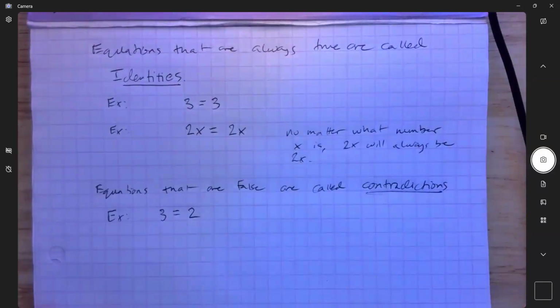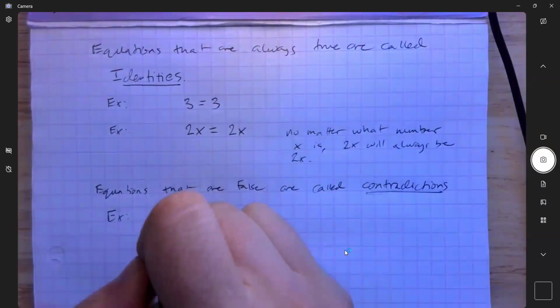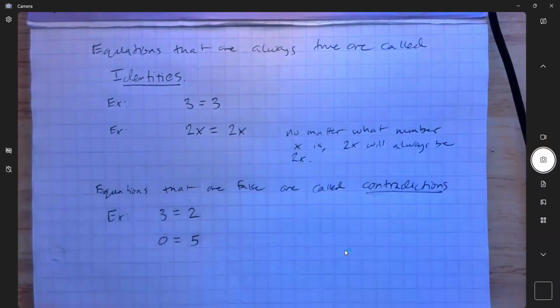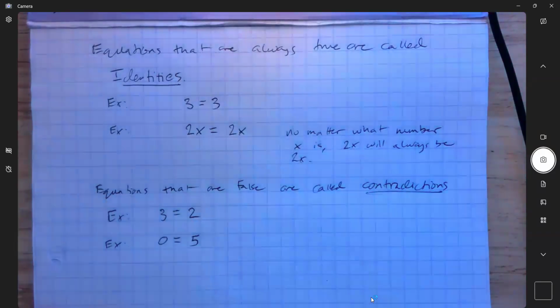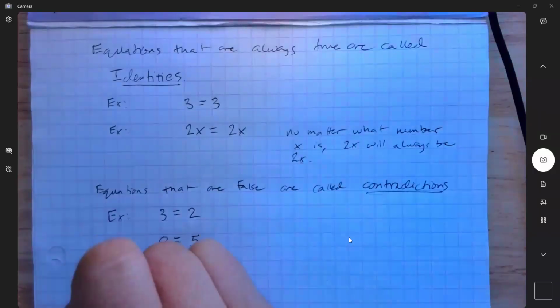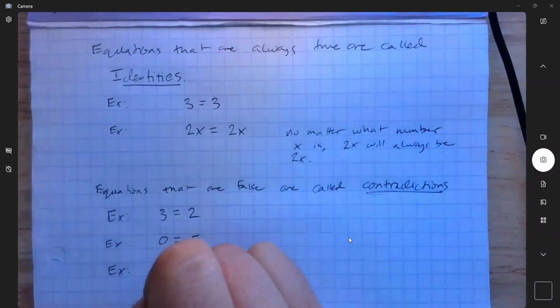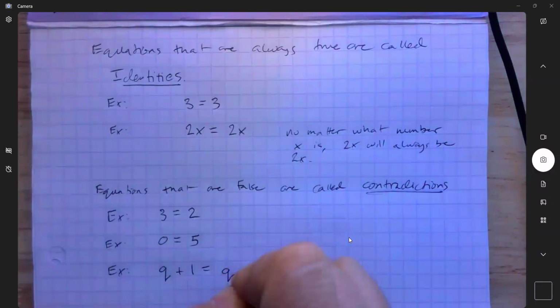A very common contradiction would be something like 0 equals 5. Let me show you one with a variable. An example might look something like q plus 1 equals q plus 3.